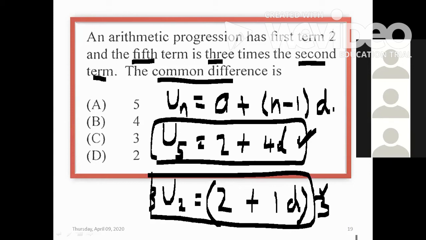You all see that? So technically speaking, they're saying that the fifth term, which is U5, is equal to 3 times the second term, which is 3U2.